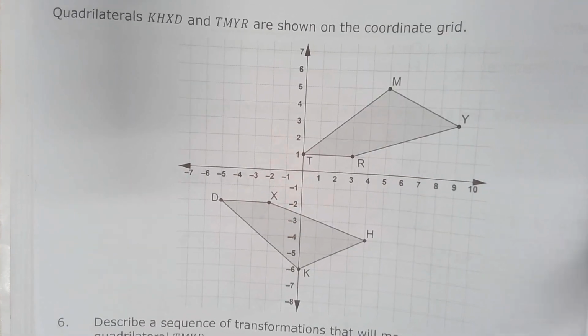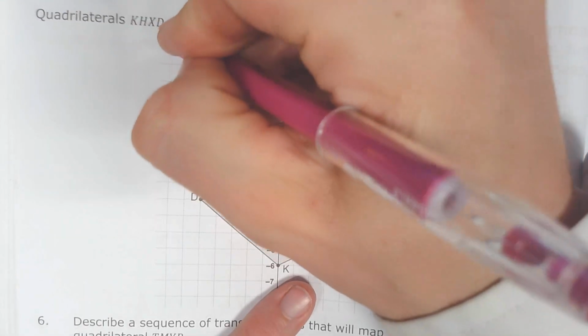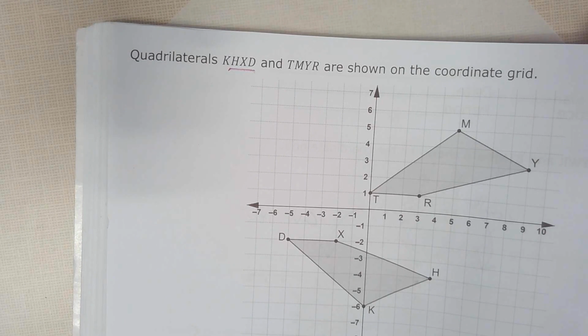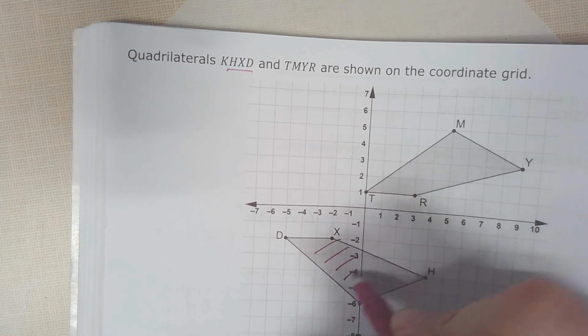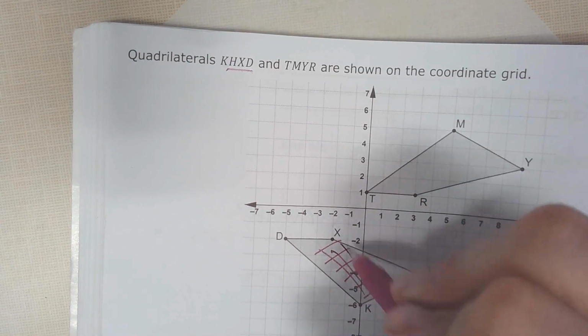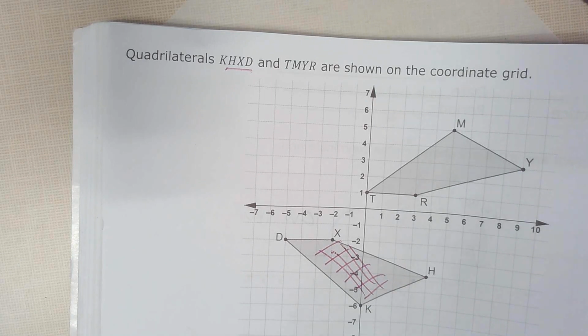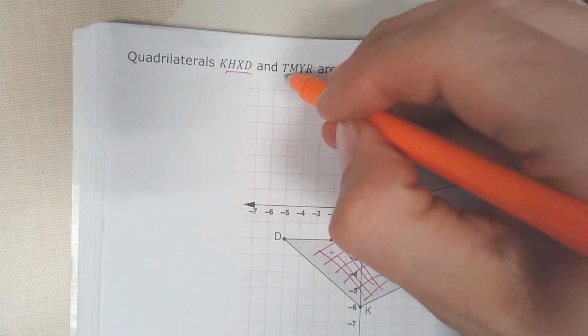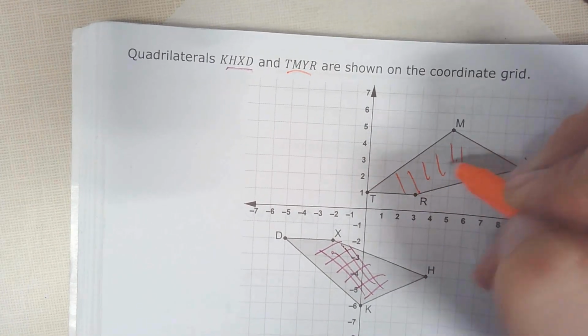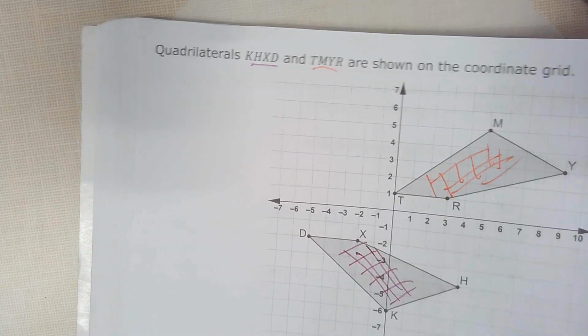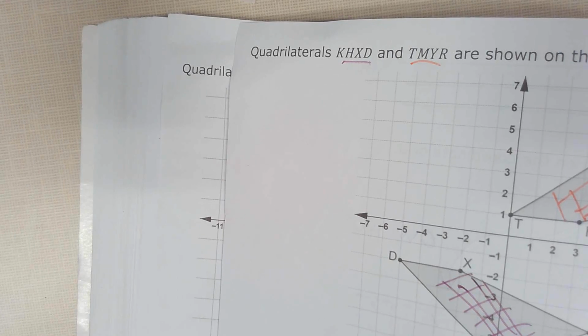Okay, I have two different colored shapes: KHXD, burgundy, and then orange is TMYR. Let's find a sequence of transformations.